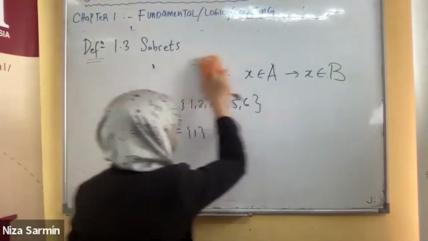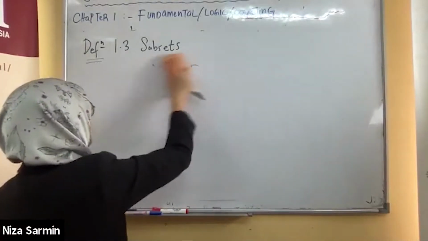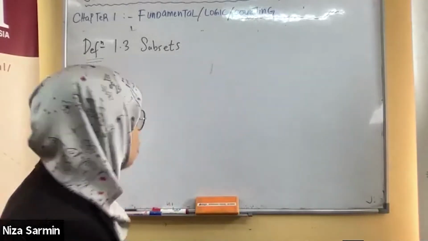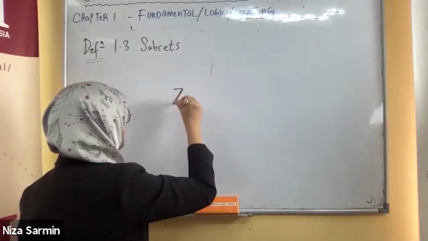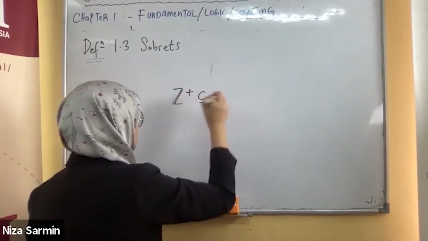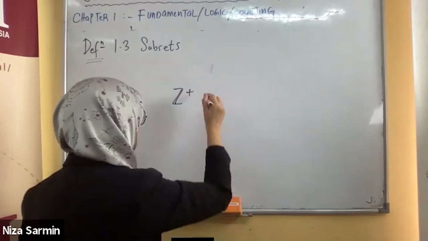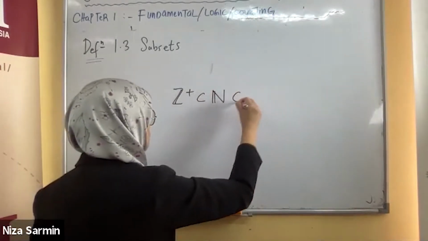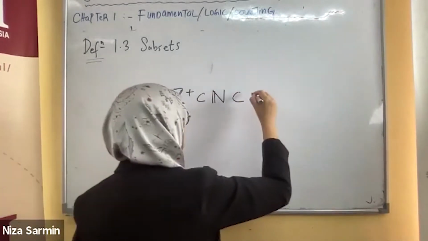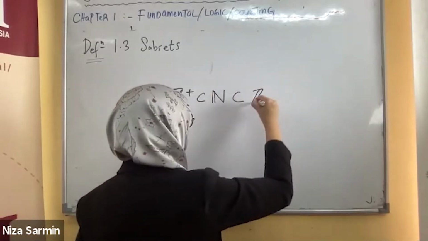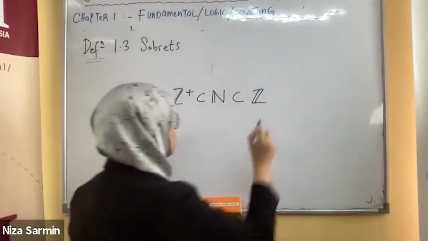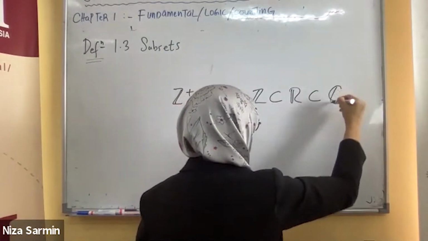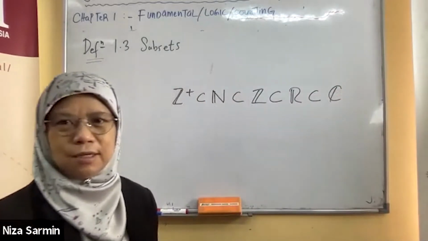Now, can we put the sets from before as subsets? Okay, you can put Z plus is a subset, actually a proper subset, of N, because N has a 0, right? Which is part of Z, which is part of R, which is a subset of C, right?